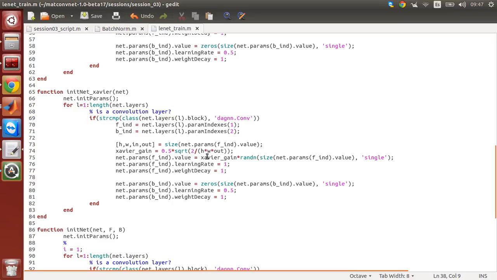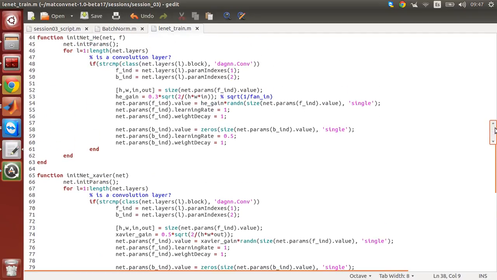In order to do that, we multiply the width of our filter by the height of the filter by the number of output channels, and we do 2 over the square root of that. And again, we have to adjust it by some scalar factor. In any case, you can learn more about the theory behind this by following the links on the website.